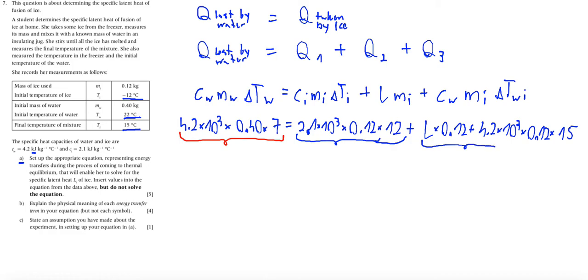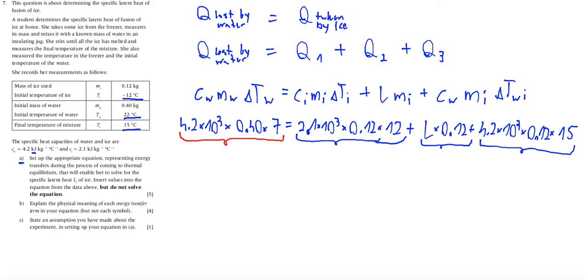This one is thermal energy needed to melt the ice, and this one is thermal energy needed to increase the temperature of water from ice from 0 to 15 degrees Celsius. Okay, C.